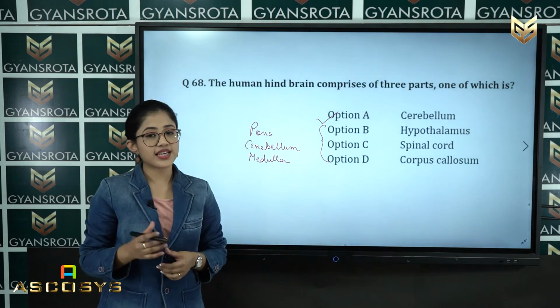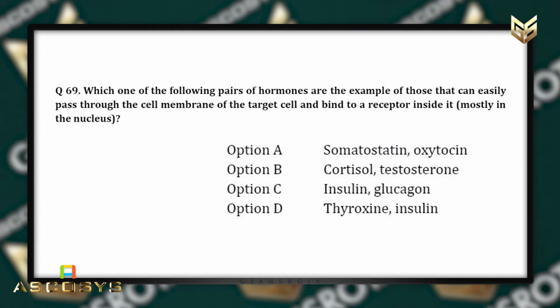Now, let us move to the next question, that is question number 69. Which one of the following pairs of hormones are the example of those that can easily pass through the cell membrane of the target cell and bind to a receptor inside it, mostly in the nucleus? Option number A, somatostatin, oxytocin.